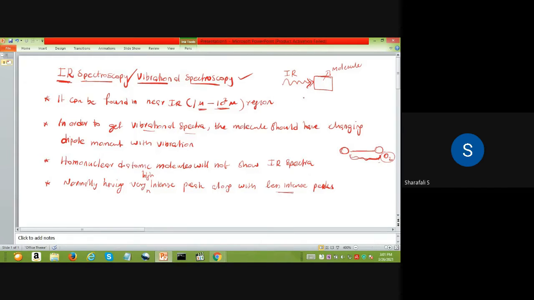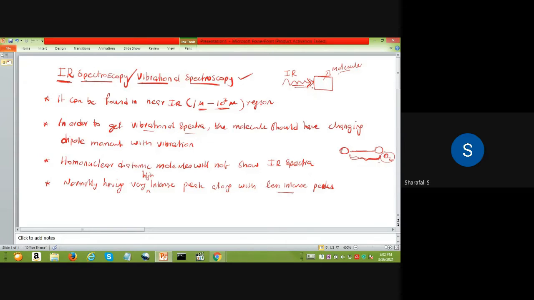And if that molecule has a vibrational frequency equal to the incoming radiation frequency, then that particular frequency will get absorbed by the molecule. Then we can detect which frequency is absorbed and say what kind of molecule it is. This is IR spectroscopy.